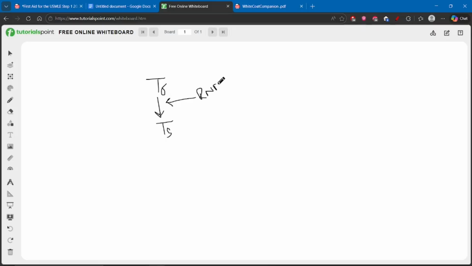Before the RNA is translated into a working protein, it is supposed to undergo some processing. If this is a DNA sequence, it has multiple sequences that are either active or inactive, so introns and exons.